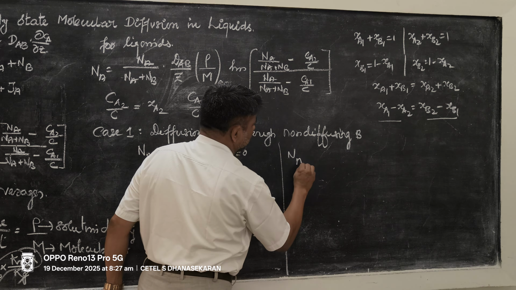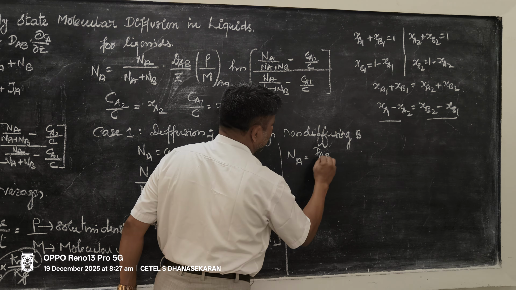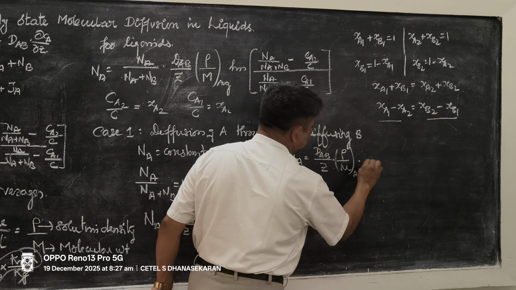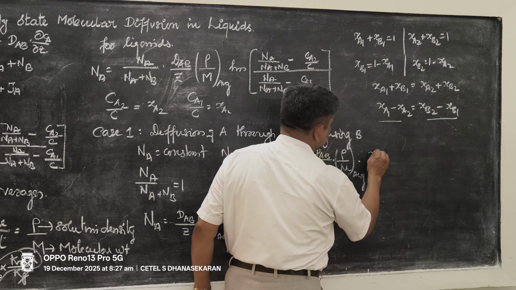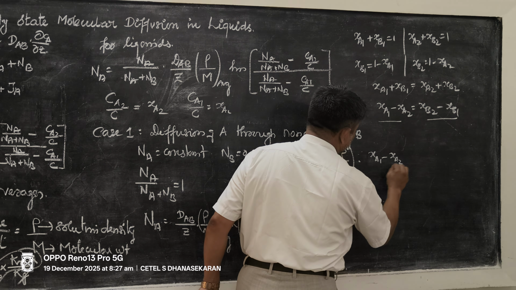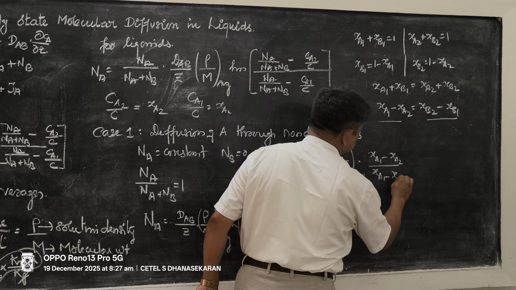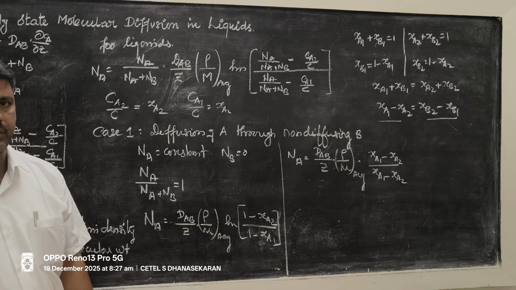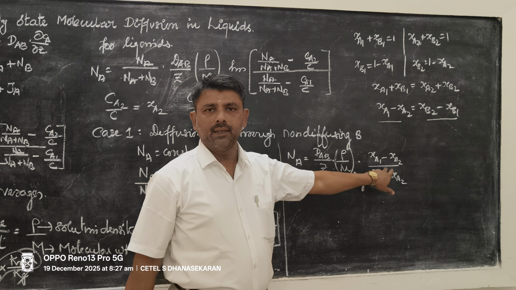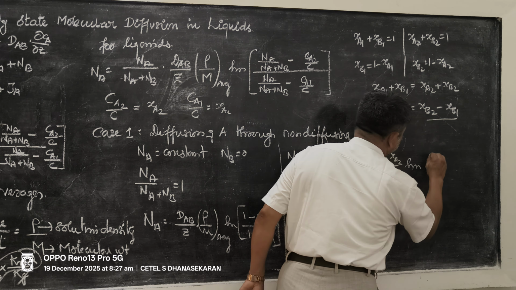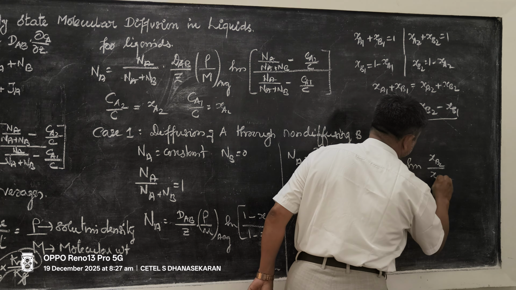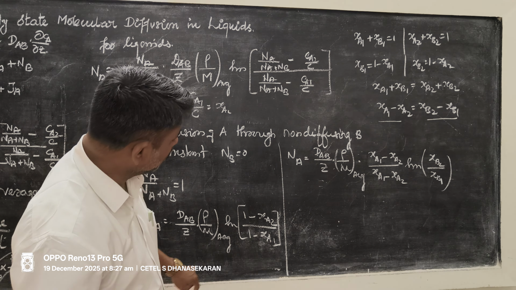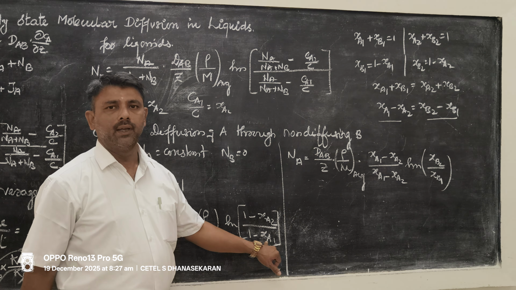Na is equal to dAb divided by Z into rho by M average, as before in the gases, (Xa1 minus Xa2) whole divided by (Xa1 minus Xa2). Multiplication and division of Xa1 minus Xa2 makes no change in value. The term is added to simplify the expression. What next? Ln Xb2 divided by Xb1. Instead of 1 minus Xa2, I am substituting Xb2. Instead of 1 minus Xa1, I am substituting Xb1.